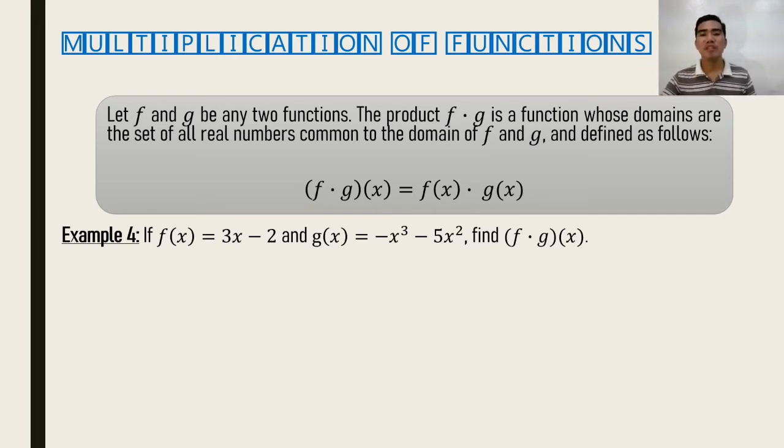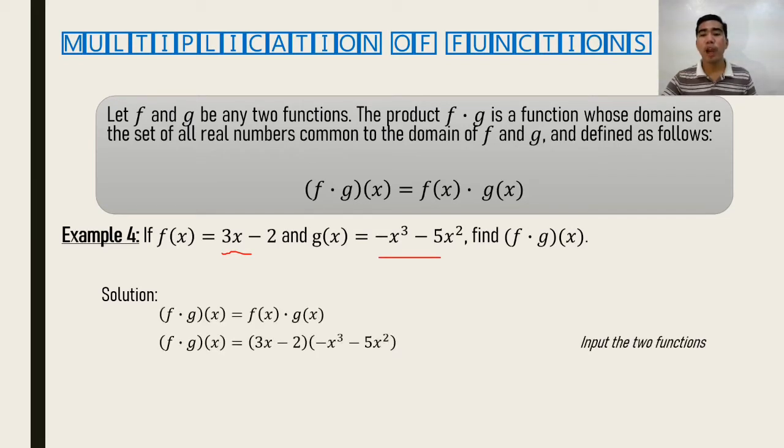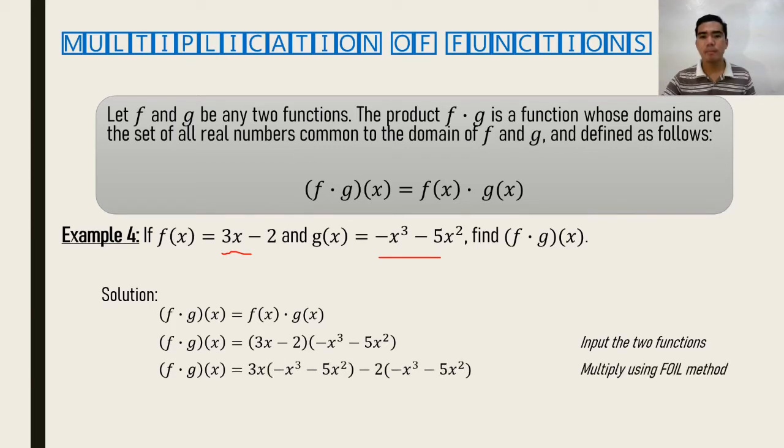Okay? So, f of x times g of x, multiply lang natin itong f of x sa g of x. This is very basic dahil FOIL method lamang. So, multiply natin itong 3x dito sa side, at the same time, 2x dito sa side.